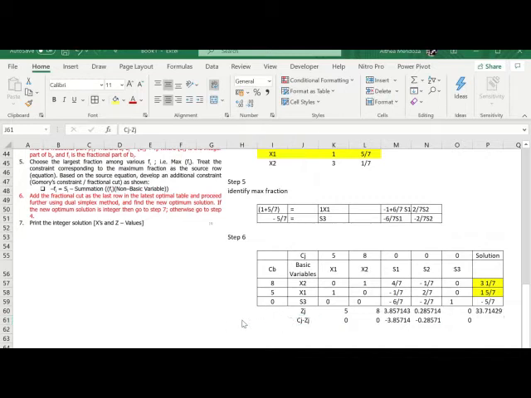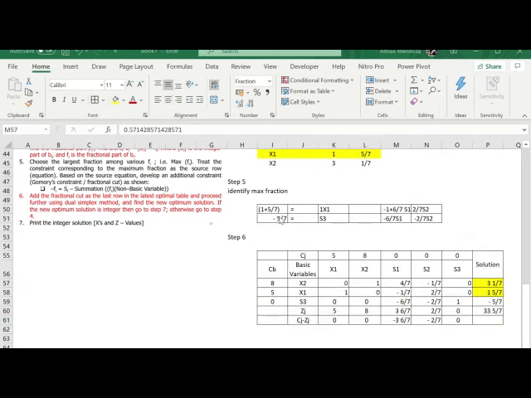Okay, ito na yung pinakabago nating row column. Sinama na natin yung Gomory's constant na tinatawag natin. Fix ko lang siya para maayos tignan.